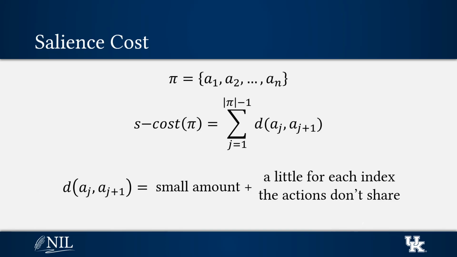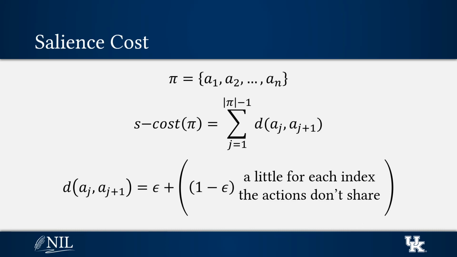To make sure distances never go to 0, we'll say that actions are always at least epsilon far apart. Epsilon is just a constant between 0 and 1 that represents the minimum possible distance between 2 actions. The rest of the distance, which is at most 1 minus epsilon, is determined by how many salience indices the 2 actions have in common.